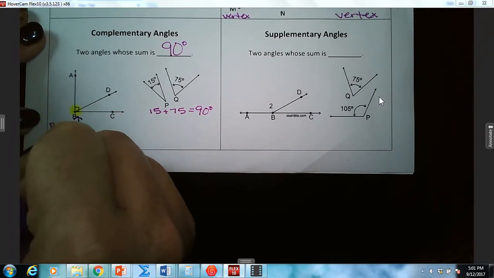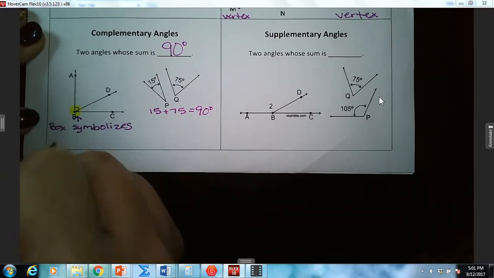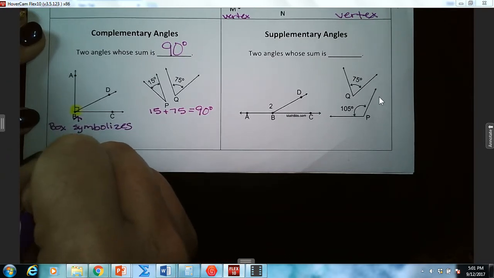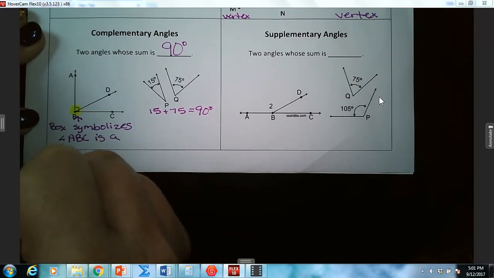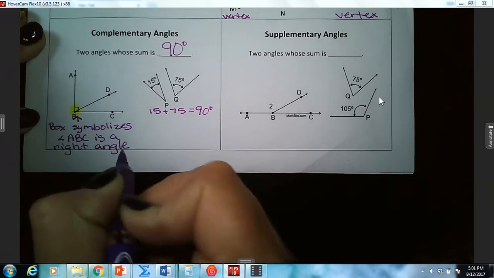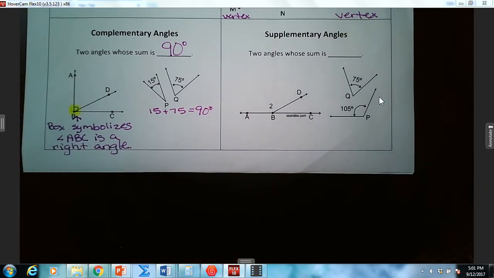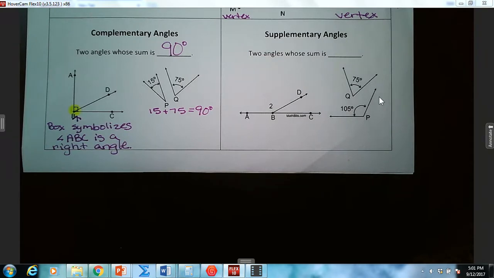Box symbolizes that angle ABC is a right angle. So if ABC is a right angle and it's 90 degrees, then these two angles inside of that 90-degree angle would have to have a sum of 90 degrees.